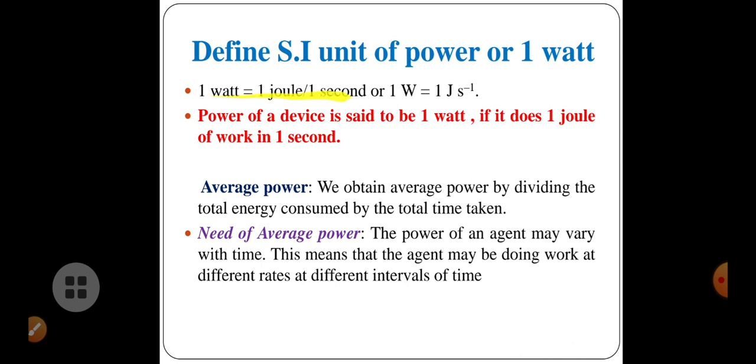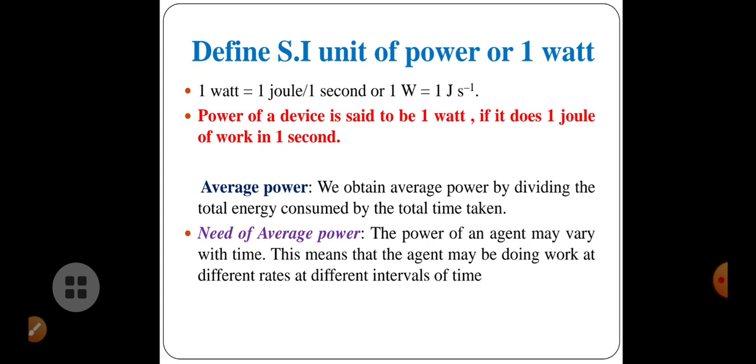Because we have written it according to the formula. In place of work we have written its unit, that is joule, and in place of time we have written its unit, that is second. And simply by using this we can define its unit.